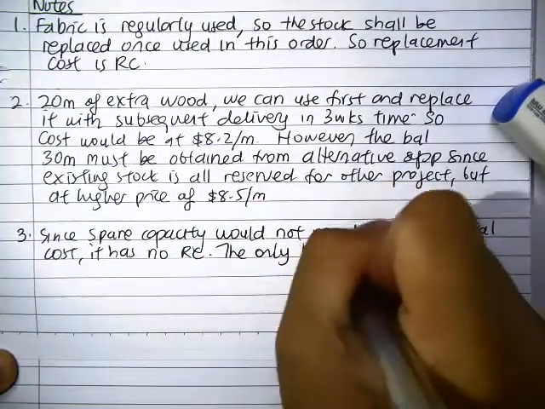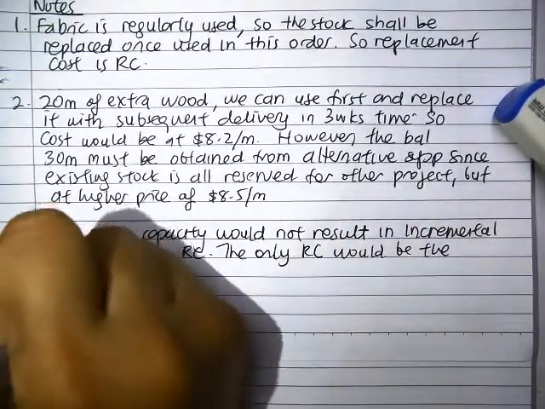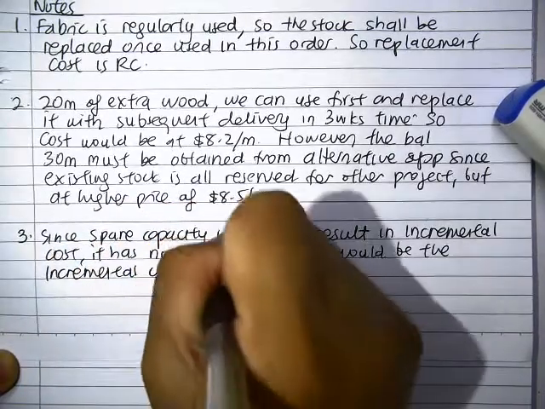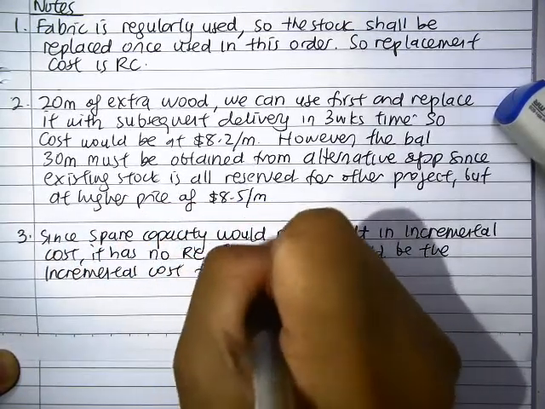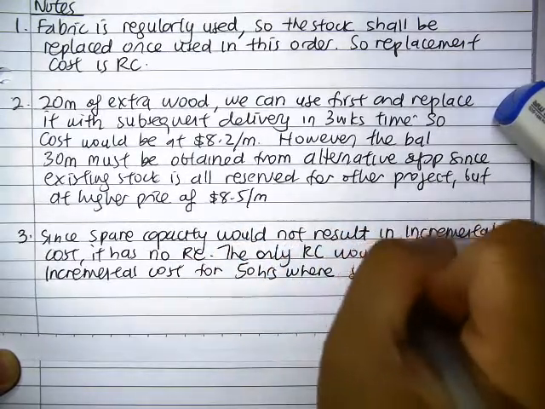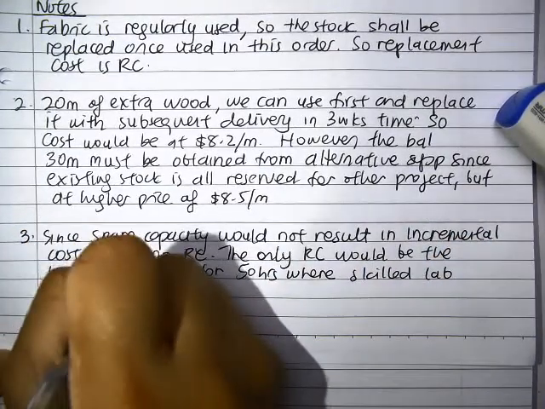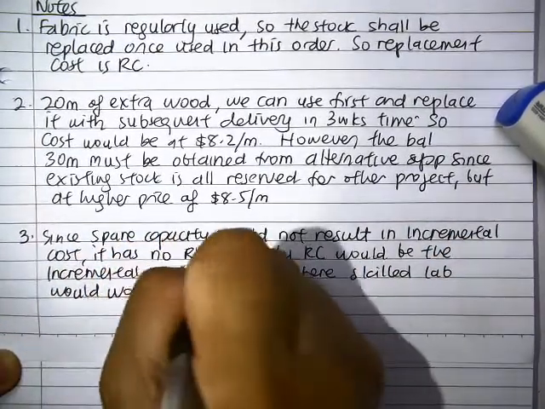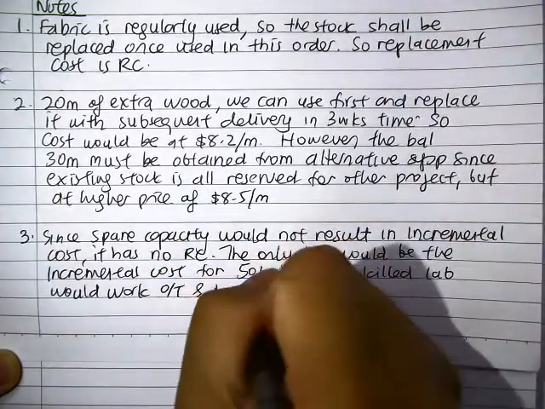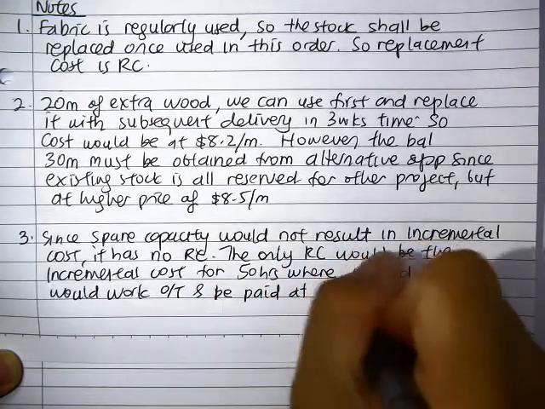The only relevant cost would be the incremental cost for the 50 hours where the skilled labor would work overtime and be paid at 24 per hour.